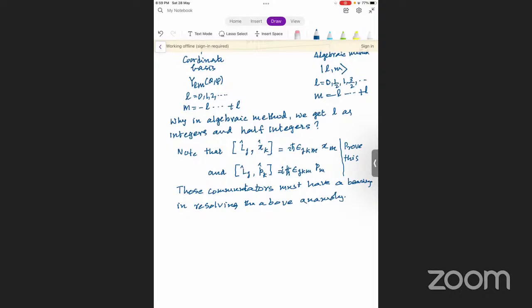So by using these commutation relations, we will be able to show that L equal to half, 3 by 2, etc. will not be present in this.